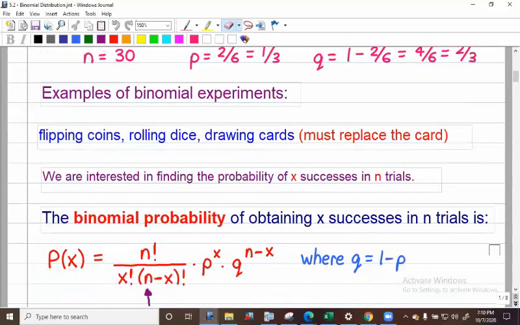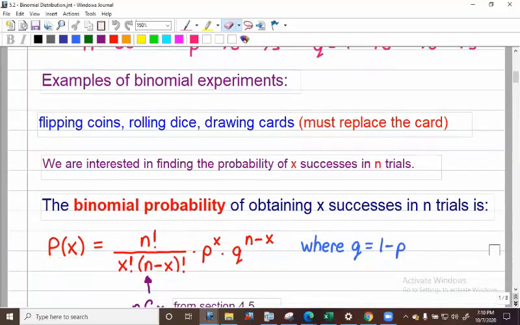Okay. So we are interested in finding the probability of X successes in N trials. Now here's the formula. But guess what? This is going to be in the calculator, so you don't have to use this formula. So this formula, now here's what we're talking about.